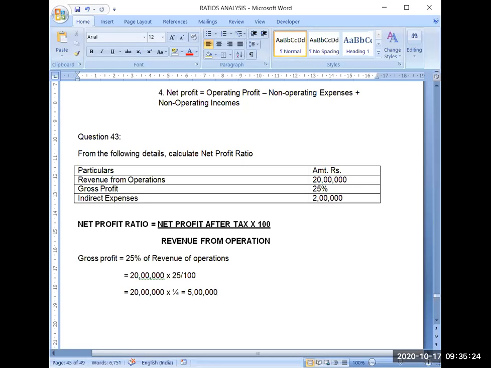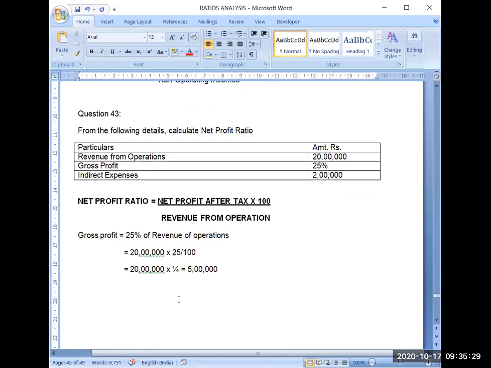All the operating expenses and non-operating expenses are called indirect expenses also. Or you can say that indirect expenses can be classified as operating expenses and non-operating expenses. So your net profit is equal to gross profit minus indirect expenses.